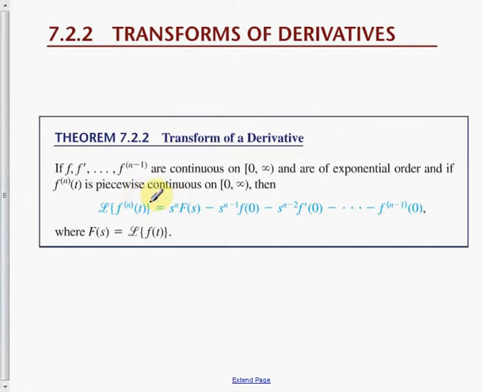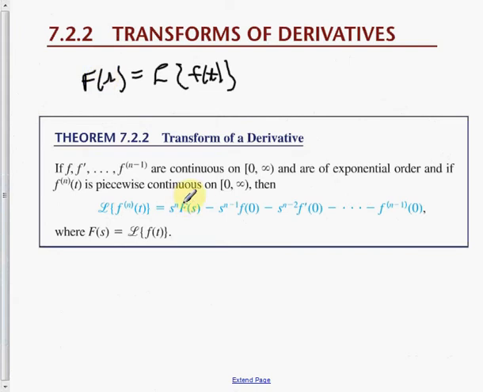So here, if n, we're going to write this out as s to the n. This capital F of s is a Laplace transform. Capital F of s is just equal to the good old-fashioned Laplace transform of f of t. Just one way of writing it.